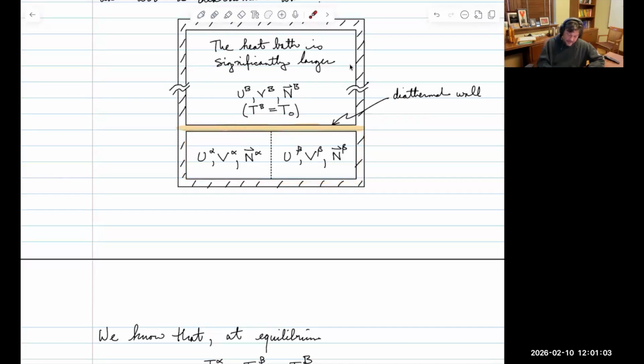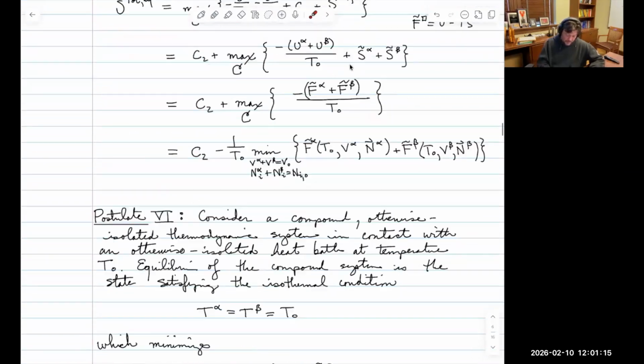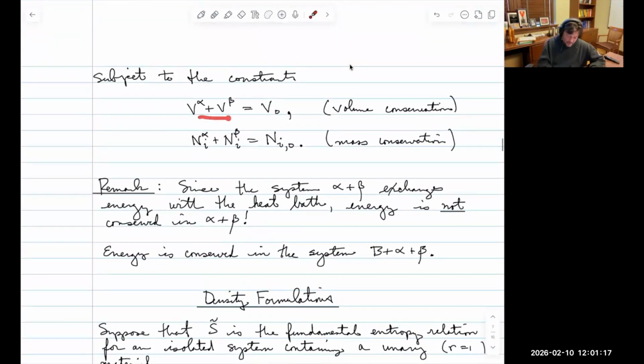Because I'm allowed to change volume with alpha and volume with beta, but not with the bath and not with anything else in the universe. Only energy is allowed to be exchanged. So that's the volume constraint, alpha and beta volume summed together. And then the matter constraints: Ni alpha plus Ni beta has to be equal to a constant Ni naught.